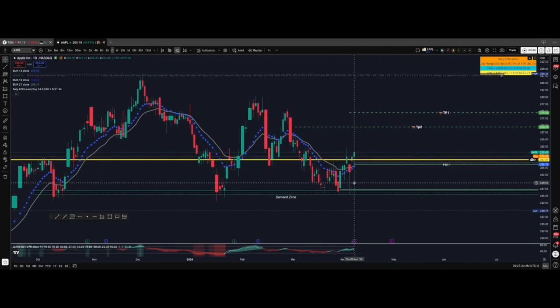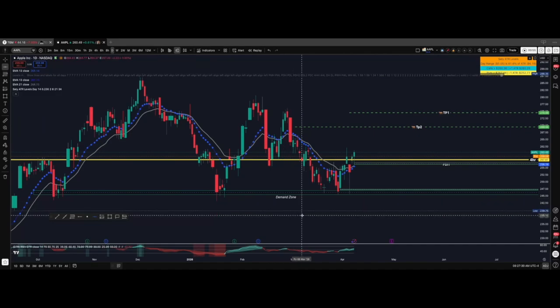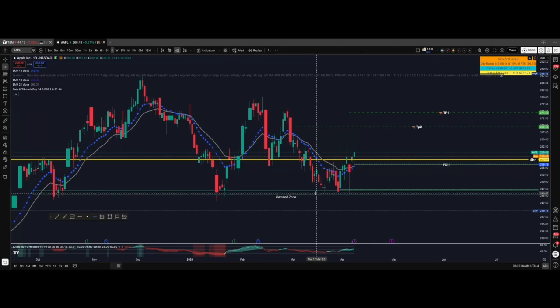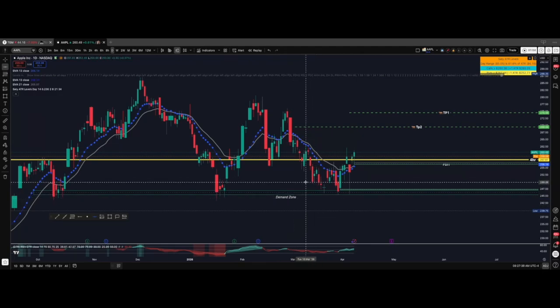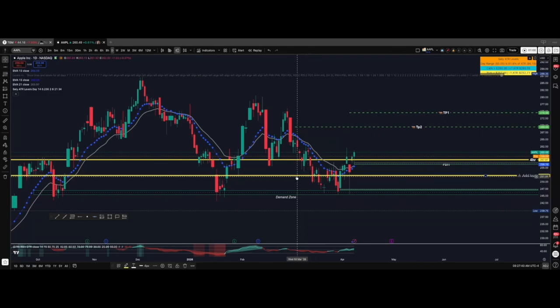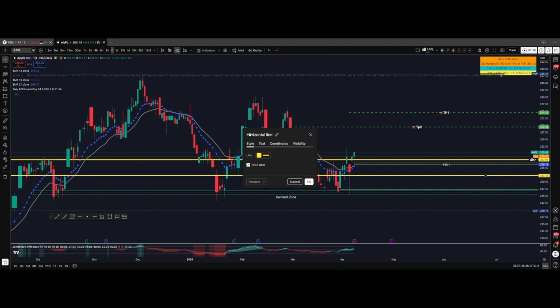And on the day, I like to use white lines. So I'm going to go down here, grab a line. And there's actually a demand zone that I have here. So I see a great line right there.